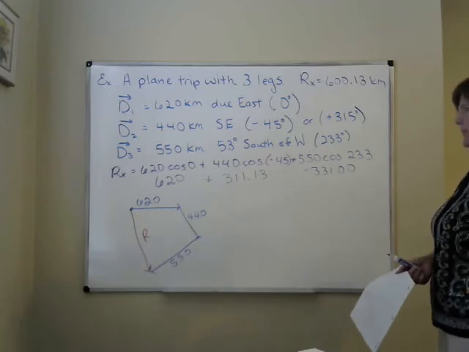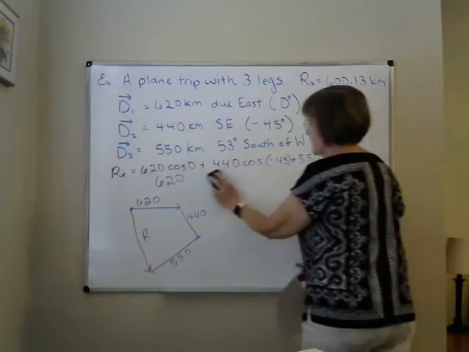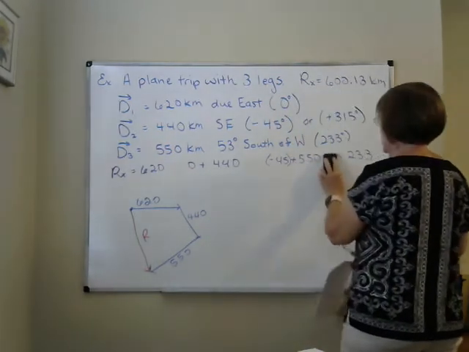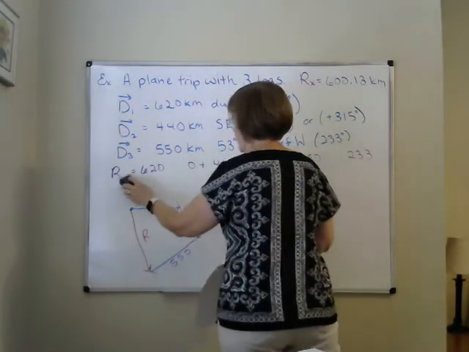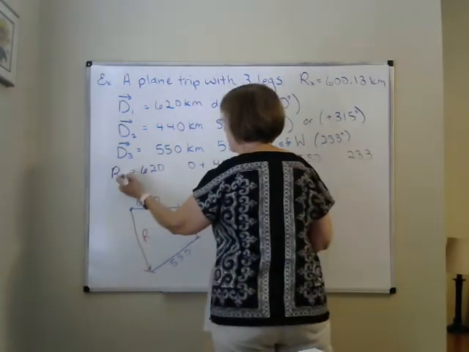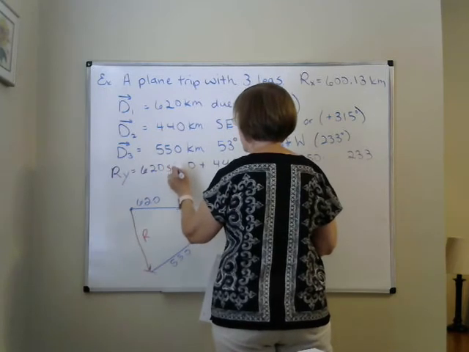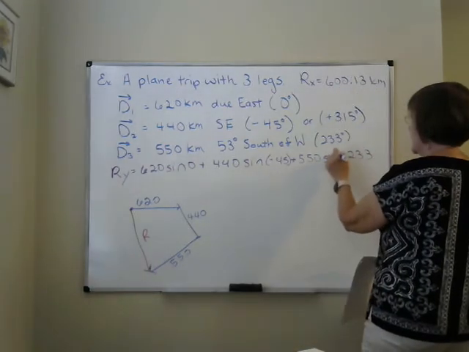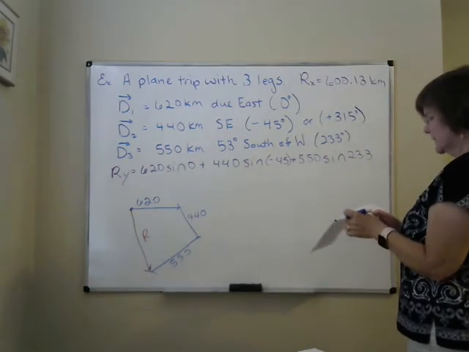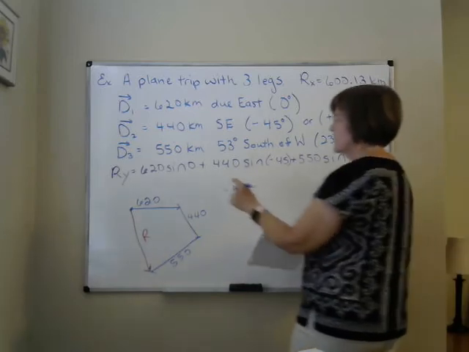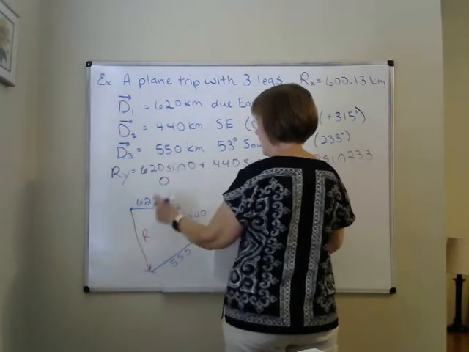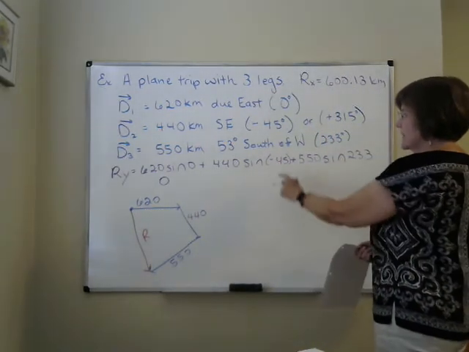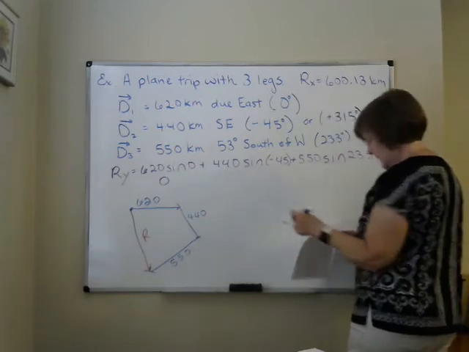Now I need the y components. All you do to get the y components is change all those cosines to sines. So the y component is 620 sine of 0, 440 sine of negative 45, 550 sine of 233. No surprise, sine 0 is 0. This vector doesn't point in the y direction at all. I think this one points down, so I expect a negative number.